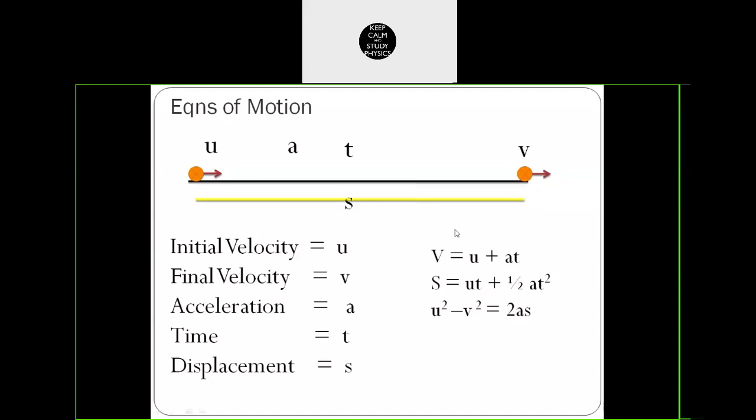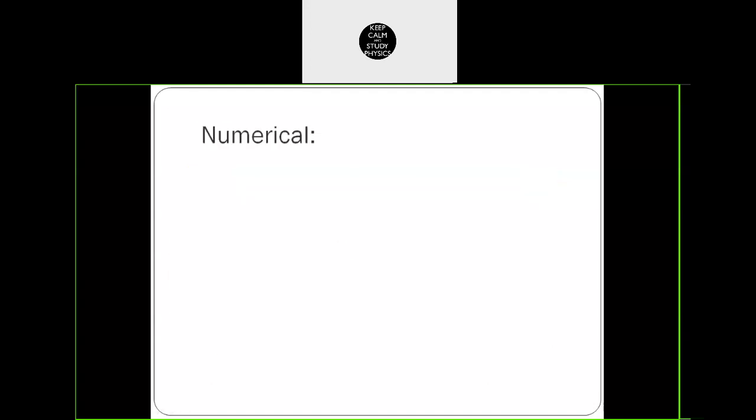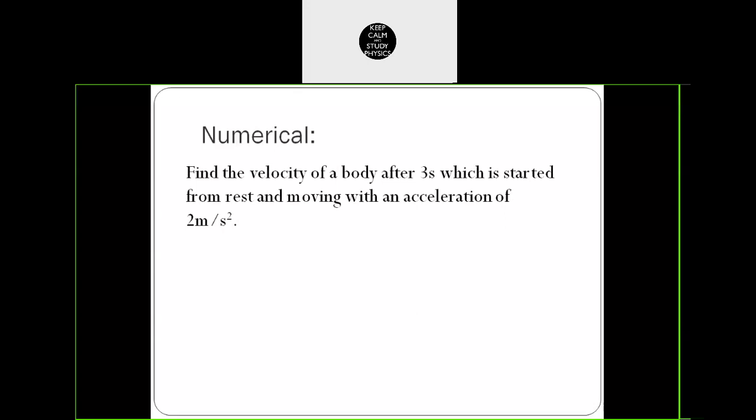I think you have done problems about this, right? We'll move to the next one. We will do one sample problem, and I'll explain how to solve it. First thing you have to do is read the problem carefully.